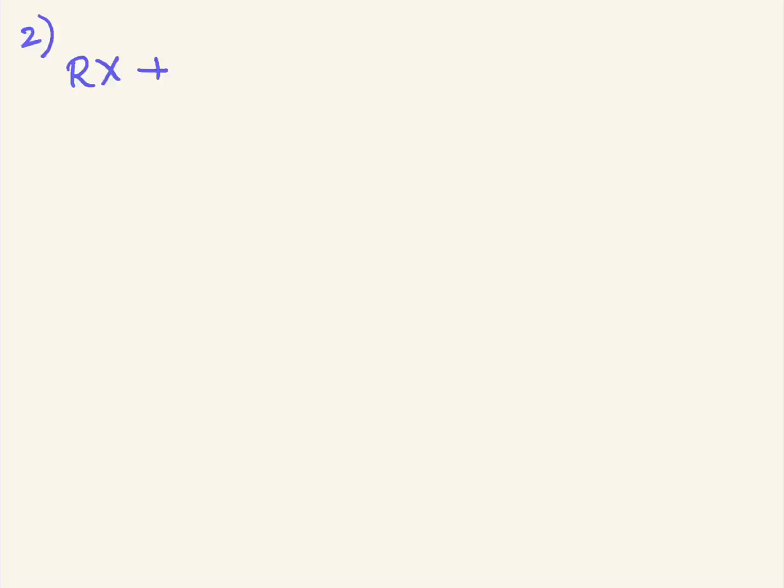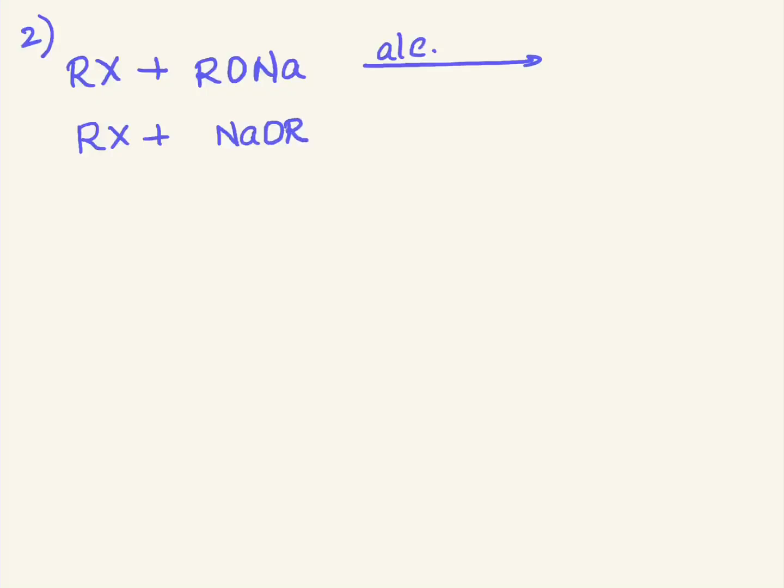So we say RONa, and this reaction takes place in an alcoholic solution, and what we are going to do is slightly flip the sodium alkoxide around, and just to avoid confusion I'll put an R dash over here, just to keep it, they're different. There we go.